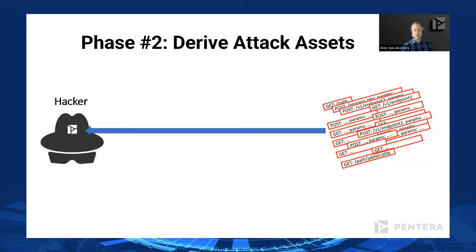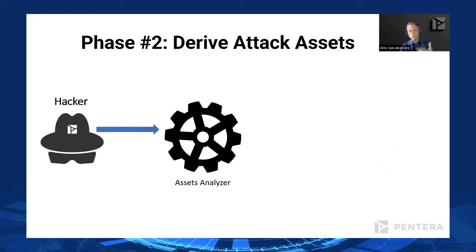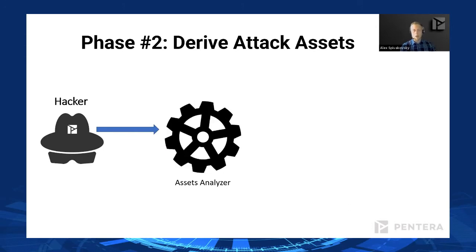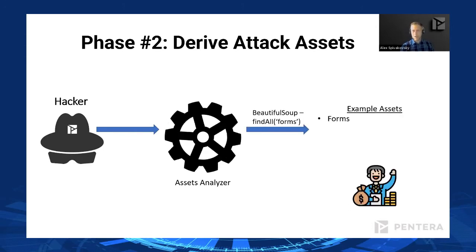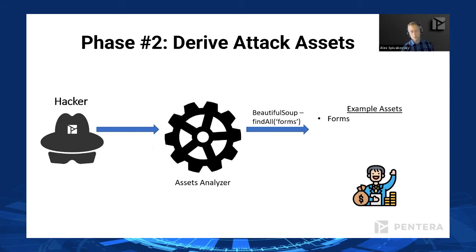Okay, now it's the time to take all those discovered routes and derive attack assets. Because this is the first time that we're doing it, this will generate the first phase of attack assets. For example, given each and every route, I will send it to the asset analyzer. The route generates a page, and I can extract forms.